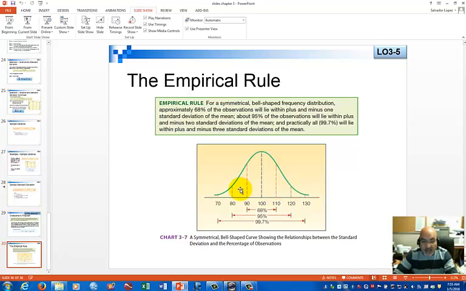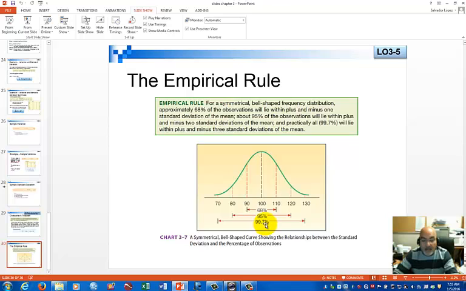Within 2 standard deviations of the mean, which will be between 80 and 120, 100 plus 20 and 100 minus 20, you should find about 95% of the data. And finally, within 3 standard deviations, we find about 99.7% of the data.